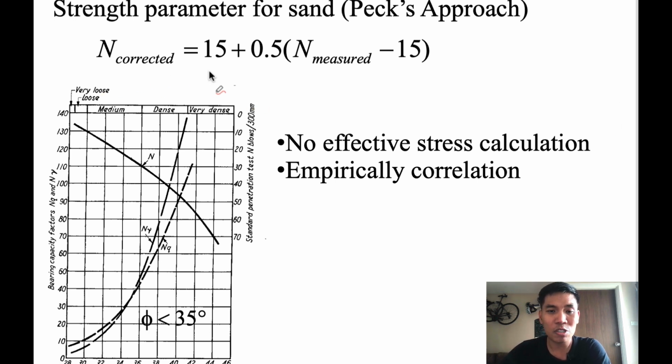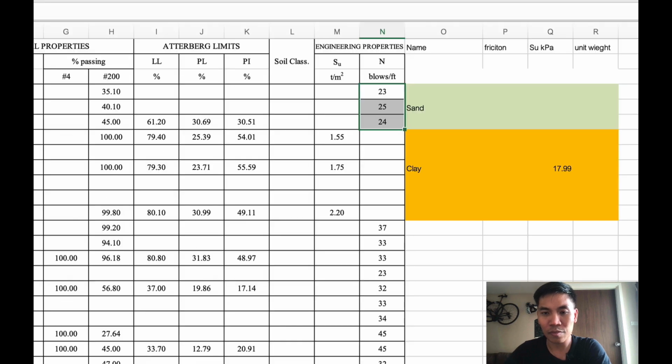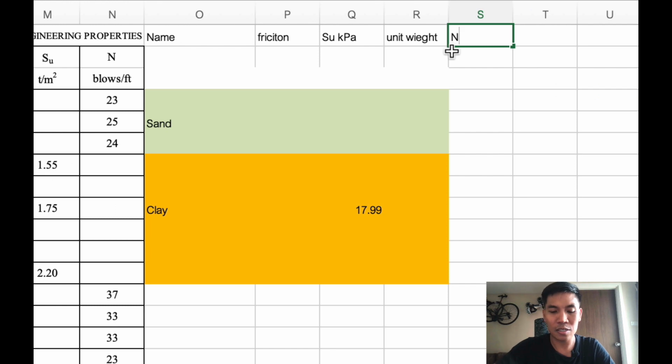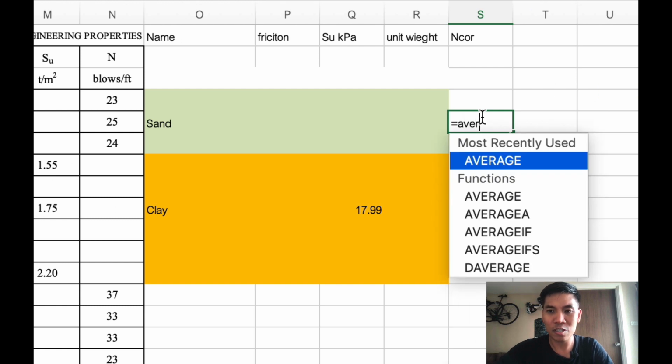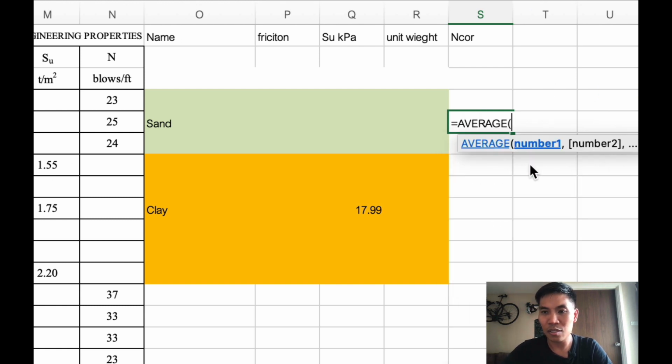Firstly, we have to check for N correct. If N is more than 15, you have to make a correction, or reduce it, before we use this curve. So we go back to our Excel. N correct here is about what? Firstly we have to determine an average of this.